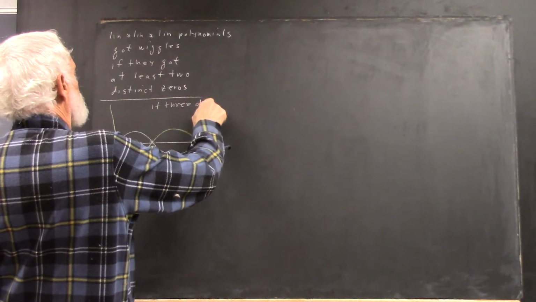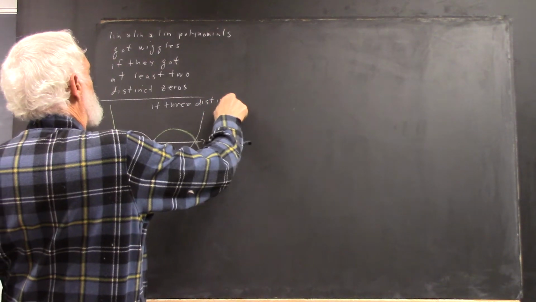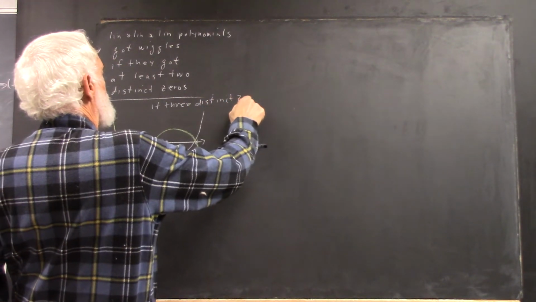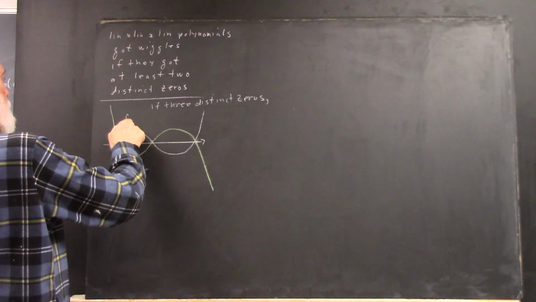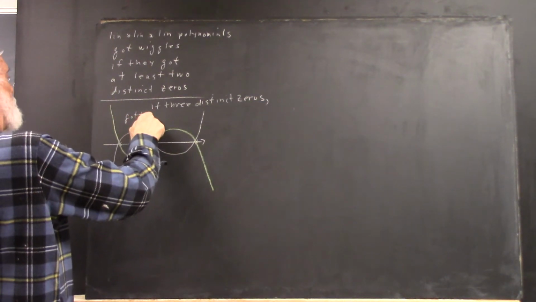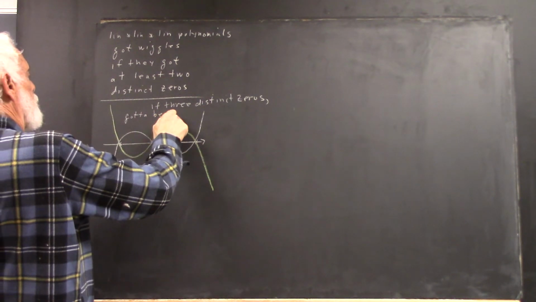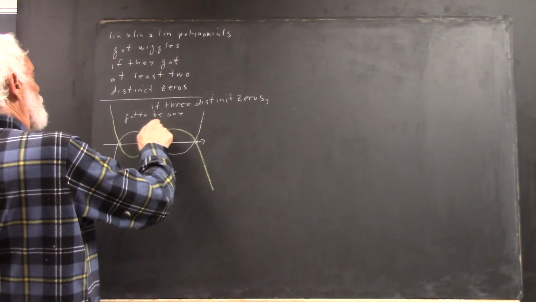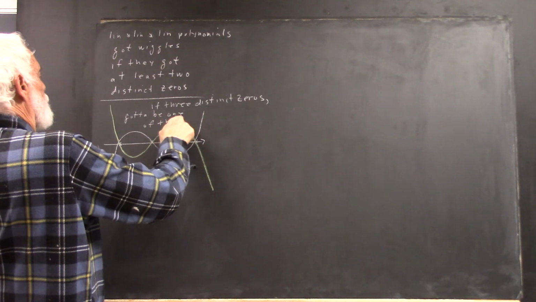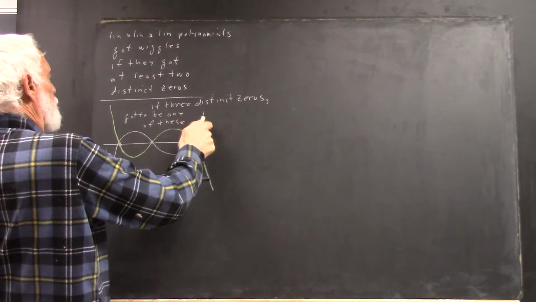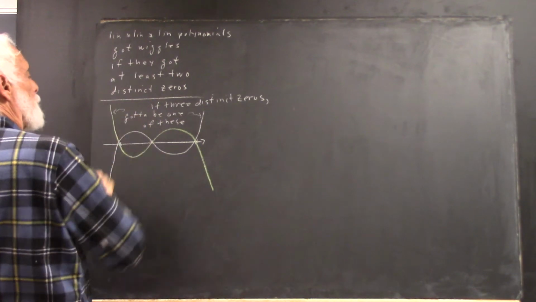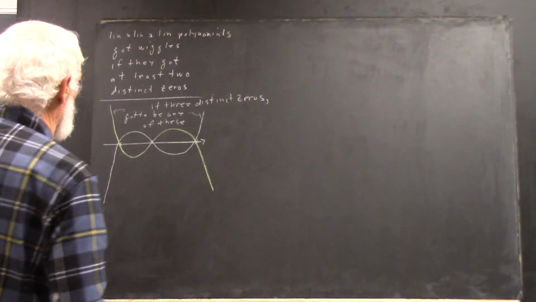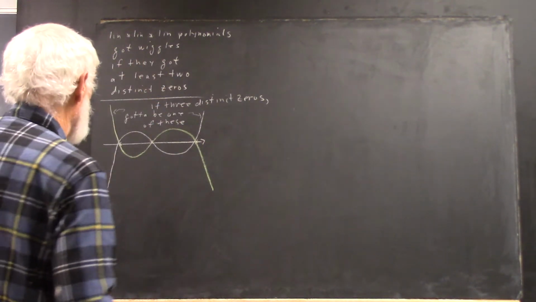If you have three distinct zeros, it's got to be one of these, either this graph or this graph, either the white graph or the green graph.